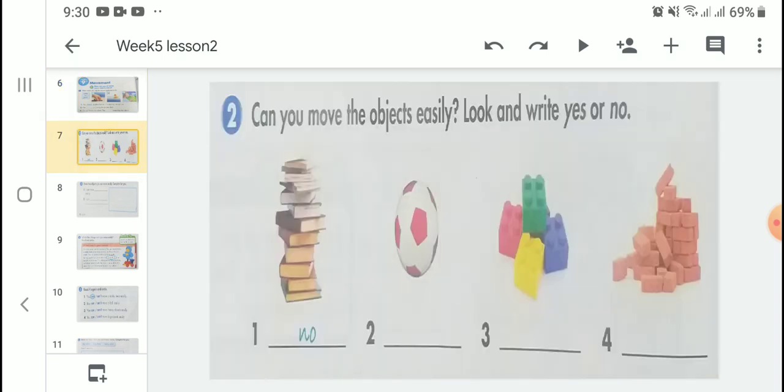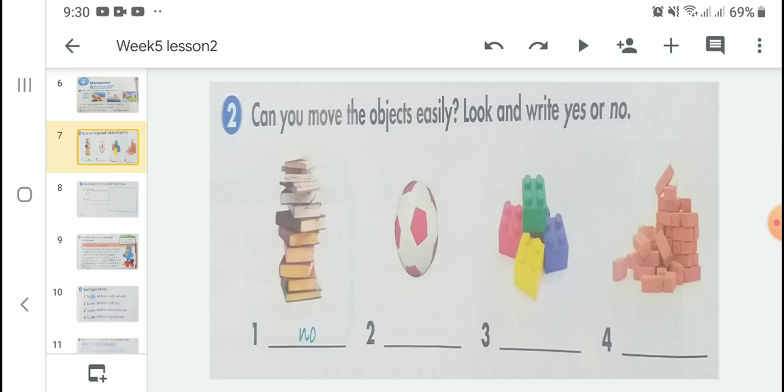Now students, look at question number 2. Can you move the objects easily? Look and write yes or no. First picture, you have seen a pile of books. You cannot move them easily. So write no in the given box. Second is a ball. Yes, you can move the ball easily.